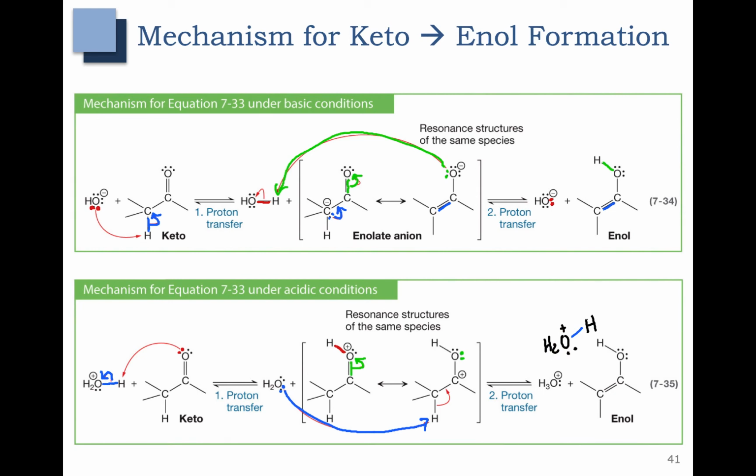And that's going to cause that carbon-hydrogen bond to break and form a carbon-carbon double bond. The hydrogen fell off and became attached to the water to form hydronium, H3O+, and the carbon-hydrogen bond broke to become a double bond on the enol.